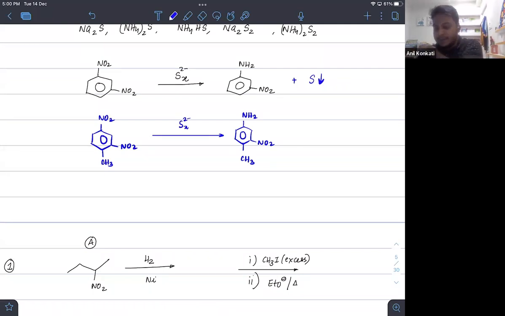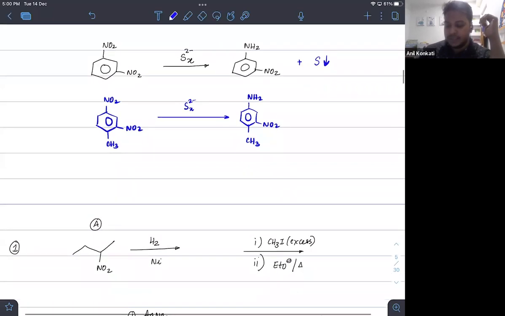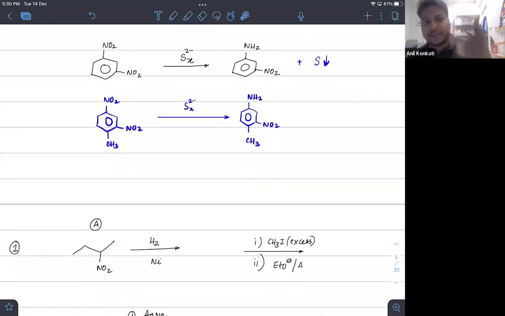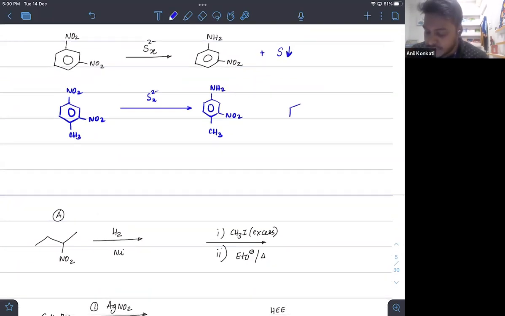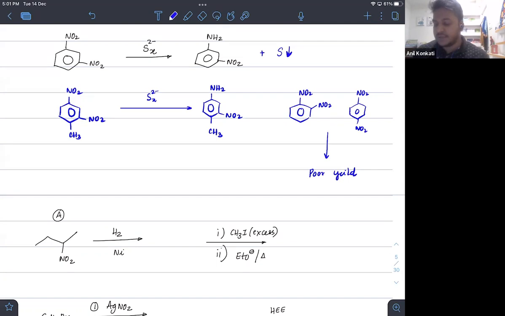Okay, clear? And there is no clear mechanism for how it happens in ortho positions or in para. It has been observed that the yield is very, very poor if NO2 and NO2 are ortho to each other, or para to each other. If they are like this, the yield is very poor, hence you would not be asked for the reaction.